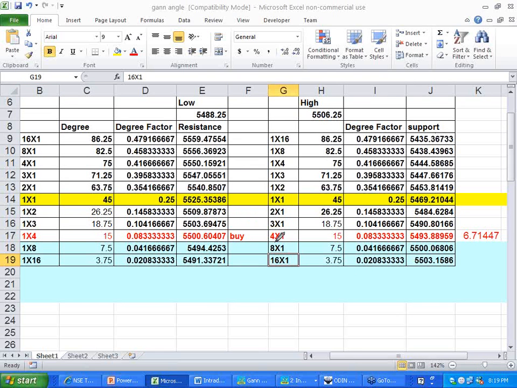So as with the 2 by 1 angle I have shown you, 2 by 1 on the resistance side, 2 by 1 on this side, and 2 by 1 on the opposite side. This support side and resistance side have a parallel relationship, and the sum of them should be 26.25 and 63.75 should be 90. Based on that, all angles, these static angles, are defined. Angle factor, as you understand, 45 degree equals 0.25. Same way all angle factors are derived.